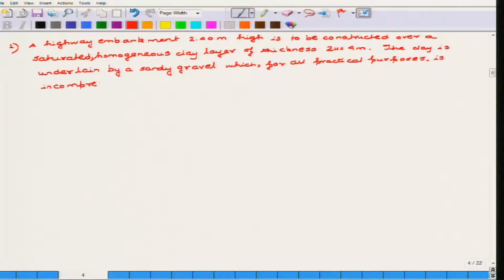Now, the term incompressible itself indicates that there is no settlement for the sandy gravel layer.